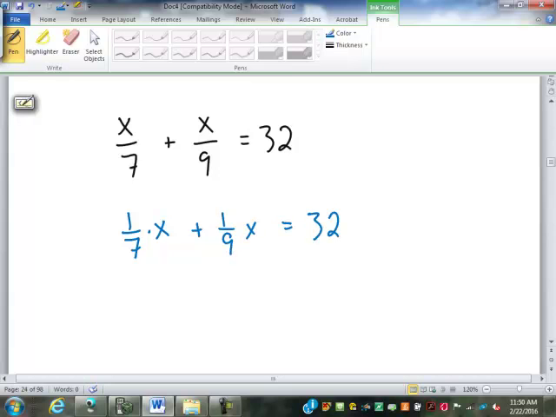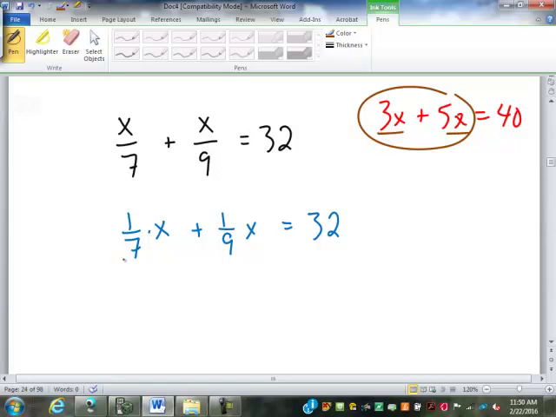And now looking at this, it might look a little confusing, but we can tie this together with a problem like this. 3x plus 5x equals 40. In a problem like this, all we had to do is combine the 3x and 5x. And the same here. We have 1/7 x and 1/9 x. We just have to combine those.